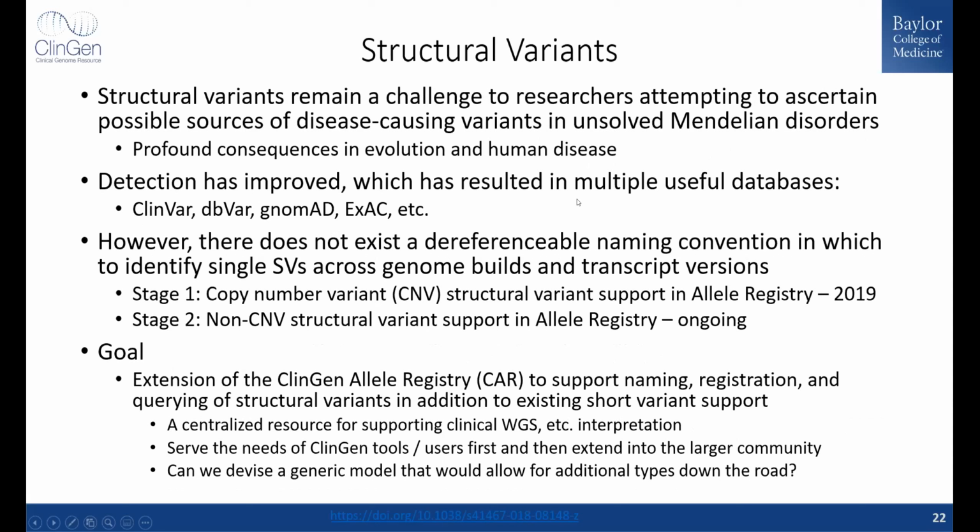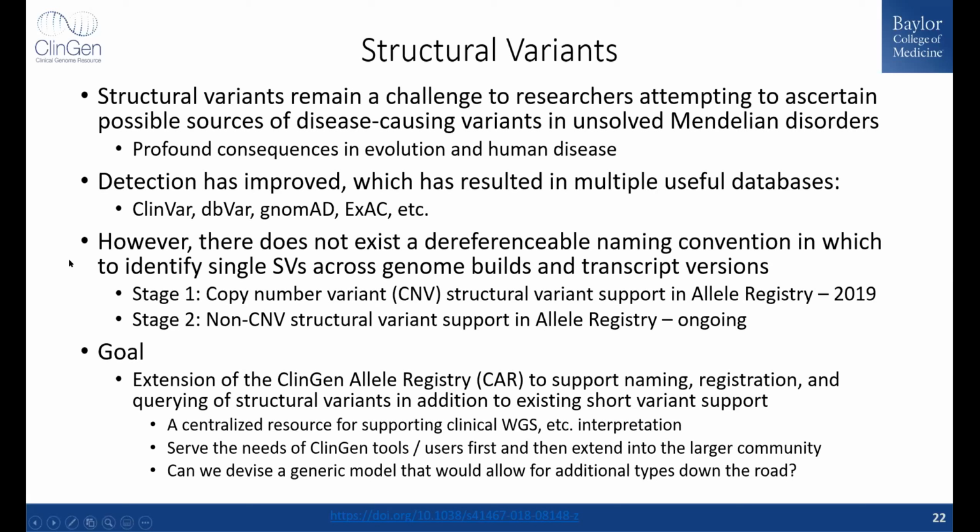So detection has definitely improved, and that's resulted in multiple useful databases. ClinVar, dbVar, gnomAD, ExAC, and others have actually started categorizing these and releasing these catalogs, as well as some rough structures for the naming conventions they're using, whether it be extending VCF or other things like that.